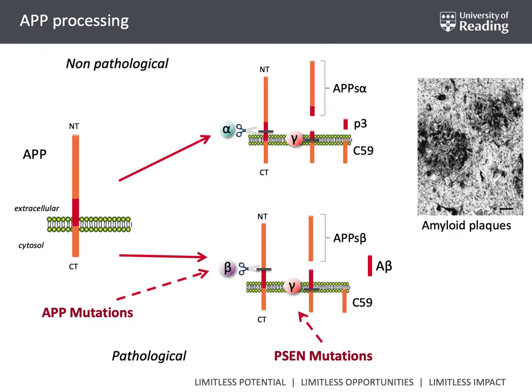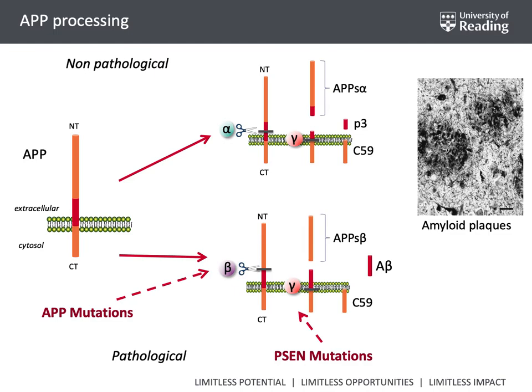That then leaves this red fragment, the amyloid beta peptide, which is released into the extracellular space. So simply by chopping this APP at different places using a different combination of enzymes, that leads to the generation of this amyloid beta, and that's the toxic form of the amyloid beta, that then starts to aggregate.